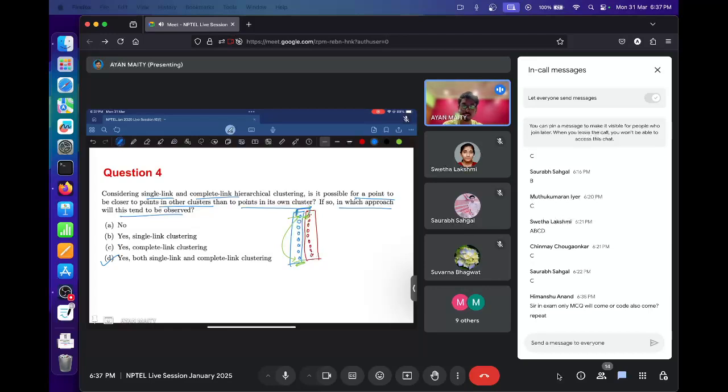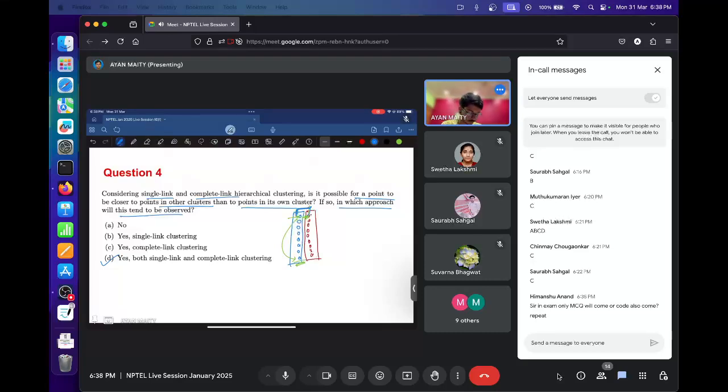So in single link, in some cases it can happen. It does not happen in all cases, but it can, for example with two parallel chains, where a point from one chain might be closer to a point in the other chain than to points in its own cluster.